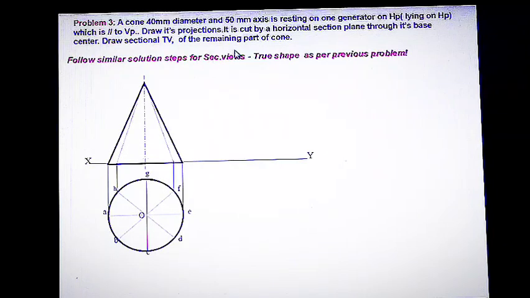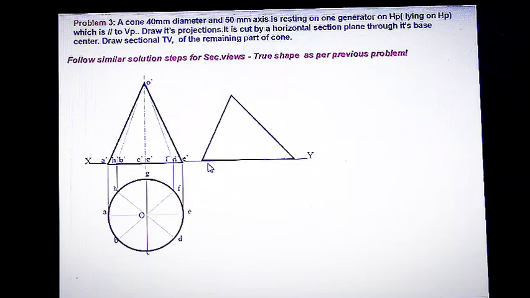So here in this problem, this solid is lying on one of its generators on the horizontal plane. So you have to change the position of this solid in such a way that it is laying on HP. So the elevation is copied in the changed position in such a way that it is laying on one of the generators.